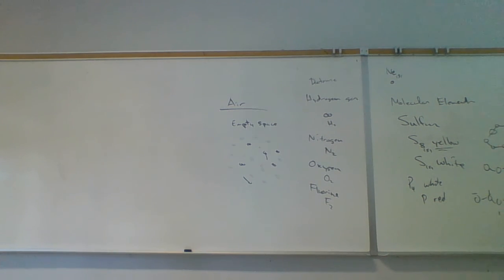But they'll have different properties because it's like diamond versus graphite. Just the way it's put together, they have totally different properties. Graphite is 100% pure carbon, diamond is 100% pure carbon, but because of their structure, they have quite a bit different properties.